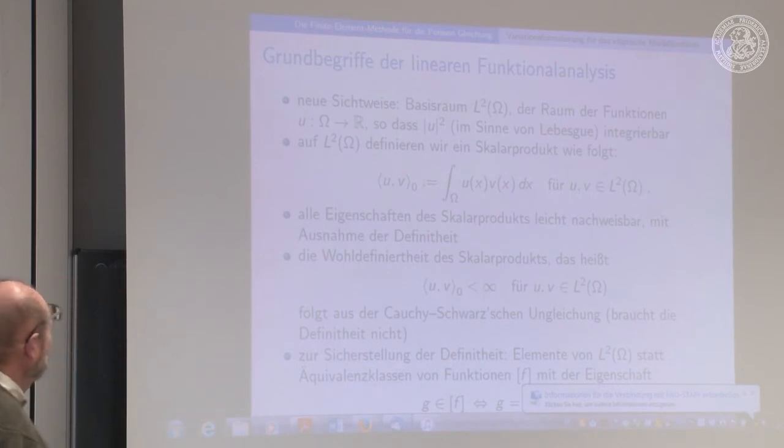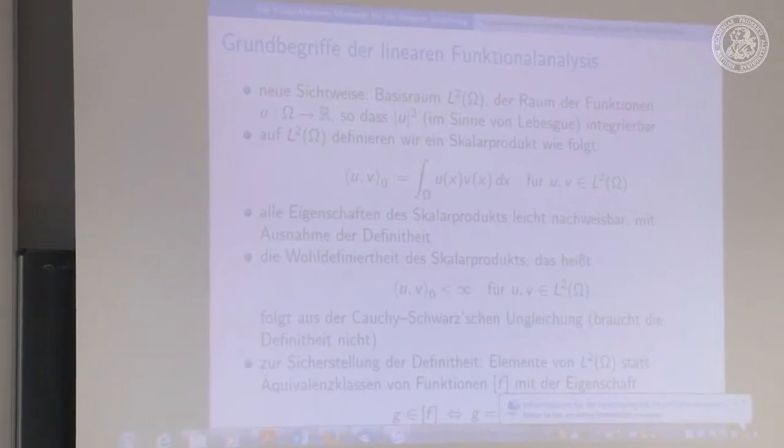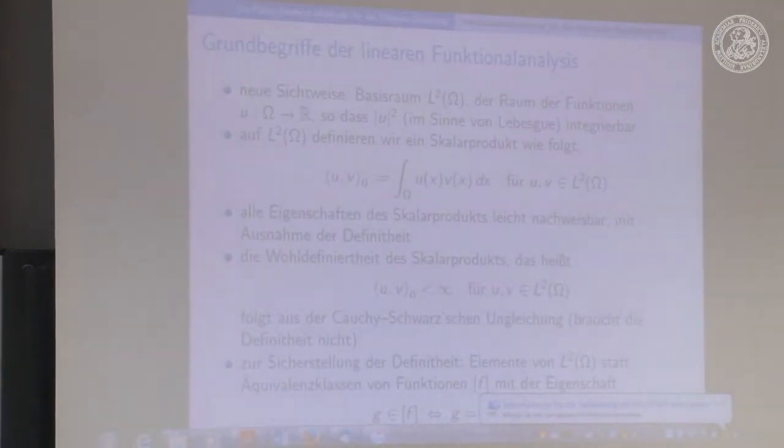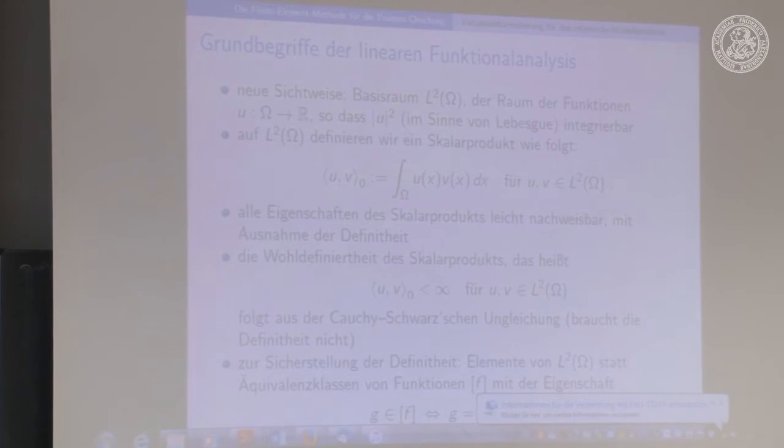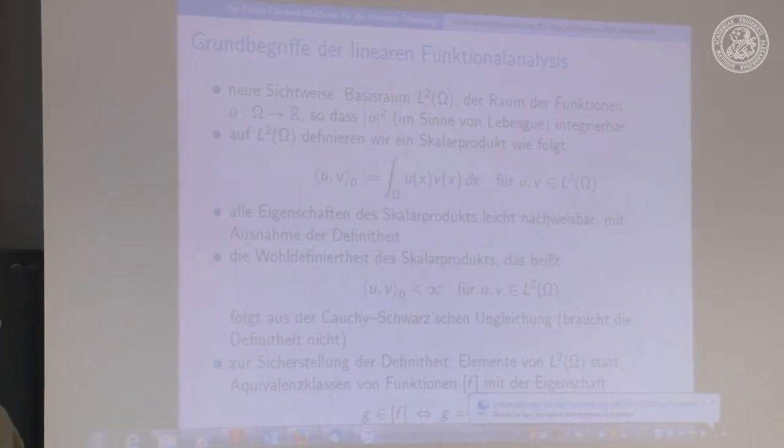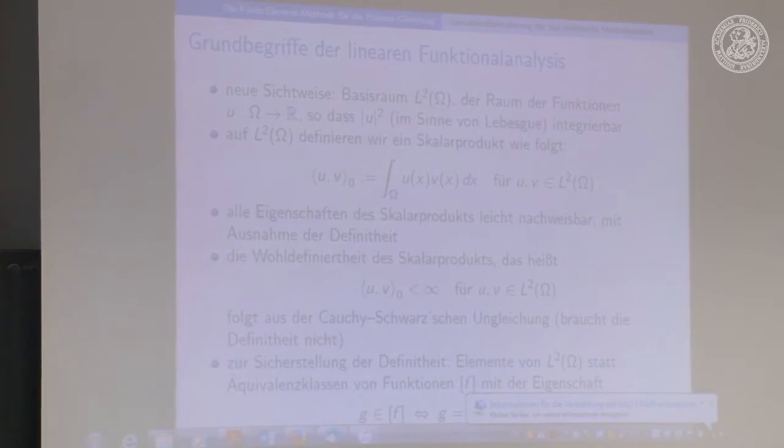To be very precise, you will know that to get this definiteness, we also have to give up a little bit this pointwise notion of a function, because we can change a function on a set of measure 0 without changing the integral. That means if we think naively of functions, we don't have definiteness. We cannot conclude from the integral of u squared dx being 0 that u is equal to 0.